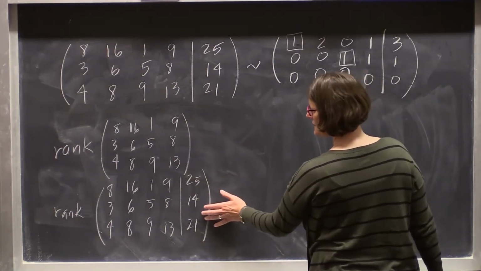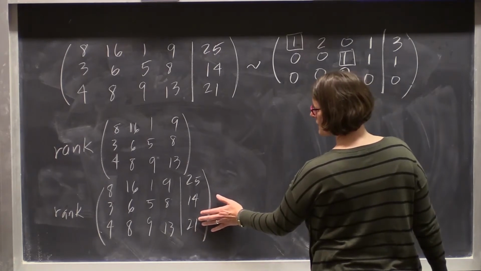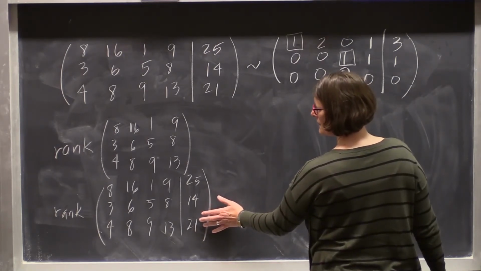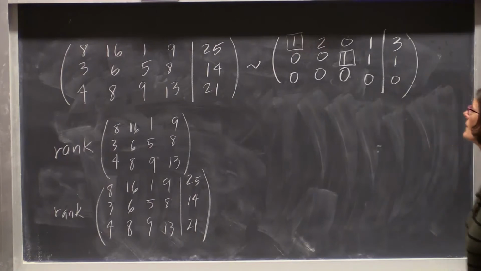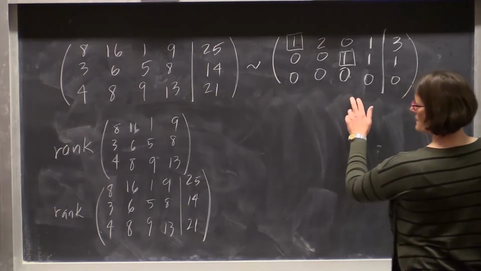You'd have to find an equivalent reduced row echelon form matrix for this one and count its non-zero rows. If you believe me, this has been done.